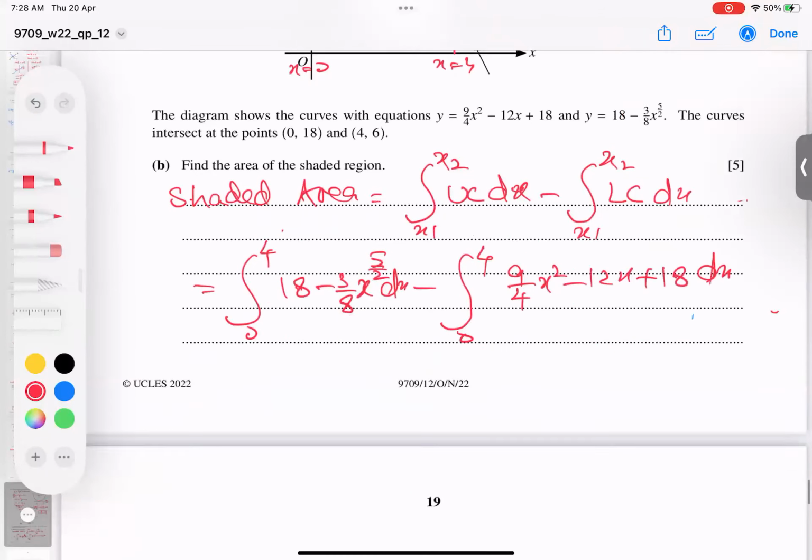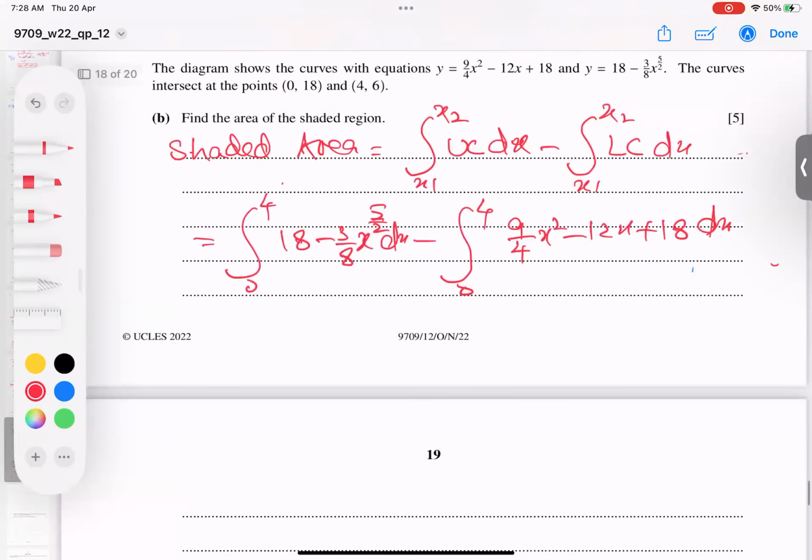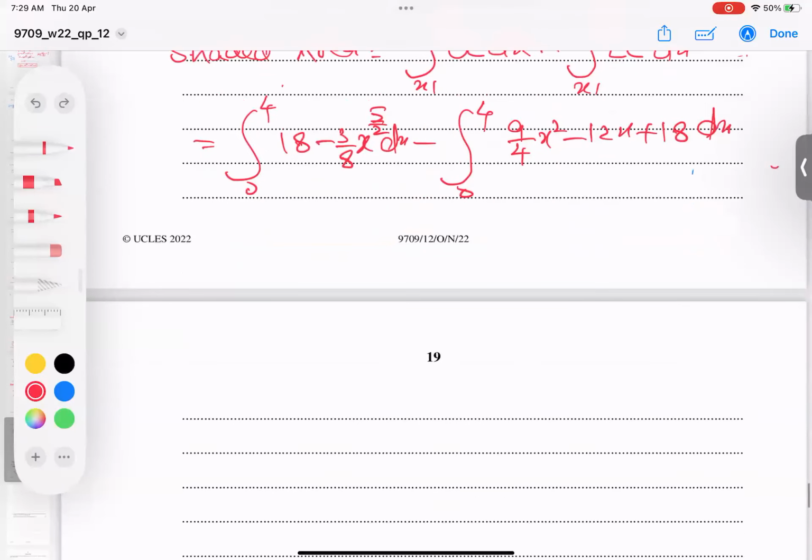Now it's a matter of solving only. What is the basic way of integration, students? I can do it in an easy way if I make this integral sign common. So what happened? This minus will change all signs, like a bracket open. So this negative 18 and plus 18 cancel out. But ultimately we have to do the other one, so I think it's better to do the full thing, no problem at all.